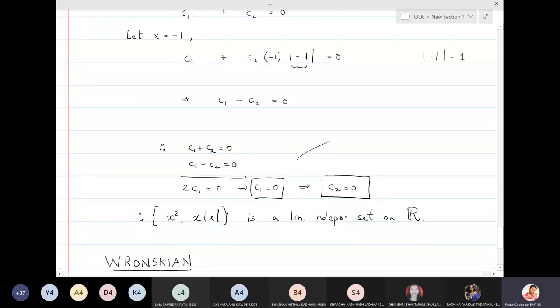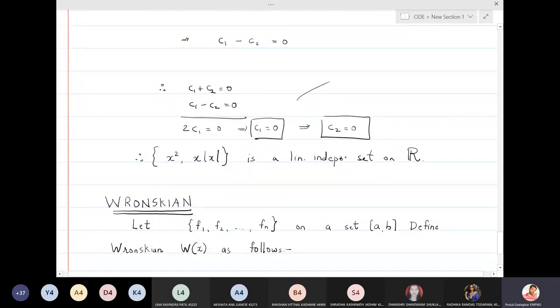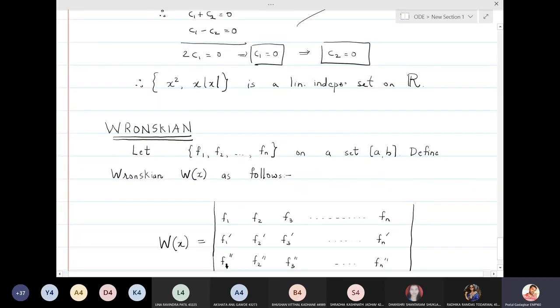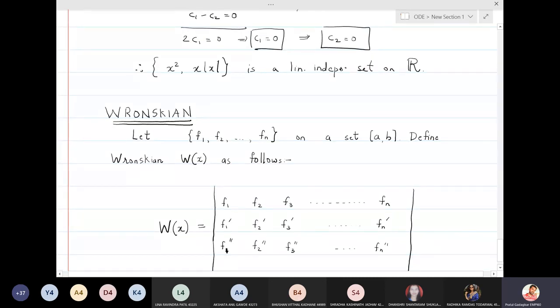So if you want to go by the Wronskian method, you must be able to find the derivatives of the functions. I hope everybody is expert enough to find the derivative of a given function. But the problem is that it may happen sometimes that you may not be able to find the derivative of the function.